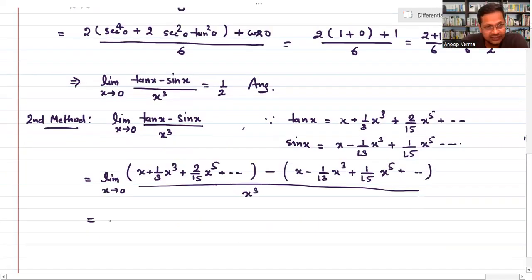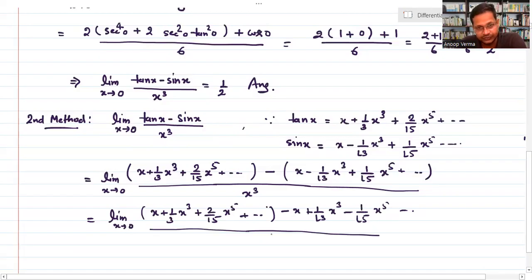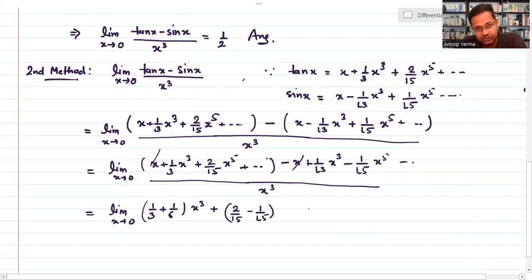Okay, so what you get from here: expanding the minus, we have x plus 1 upon 3 x cube plus 2 upon 15 x power 5 and so on, minus x plus 1 upon factorial 3 x cube minus 1 upon factorial 5 x power 5 and so on. तो आप देखिएगा this x will be cancelled with this minus x, and 1 by 3 plus 1 by factorial 3, that is 6, so it will be 1 by 3 plus 1 by 6 times x cube, and plus you will get 2 upon 15 minus 1 upon factorial 5 times x power 5 and so on. Okay.